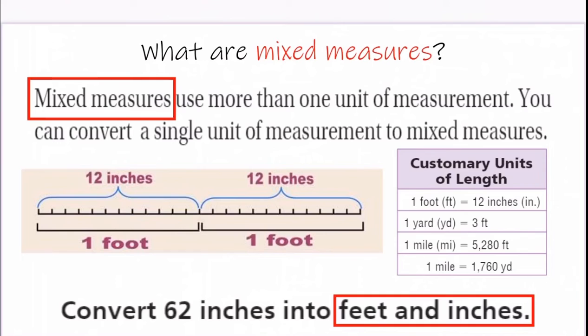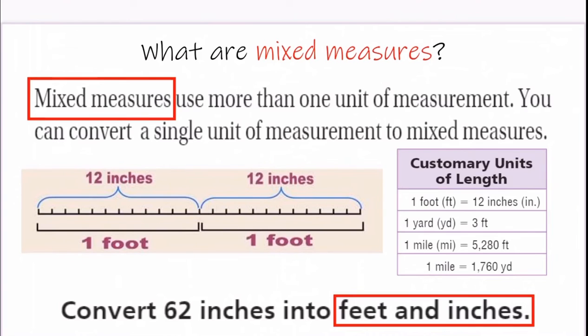So when you convert, there's a chance for you to have mixed measures. That means that when you divide, you'll have a whole number, right? But anything that's left over is going to be what you divided it into. For example, if I were to convert 62 inches into feet and inches, I know that 12 can go into 60 evenly, but I'm going to have those 2 inches left over.